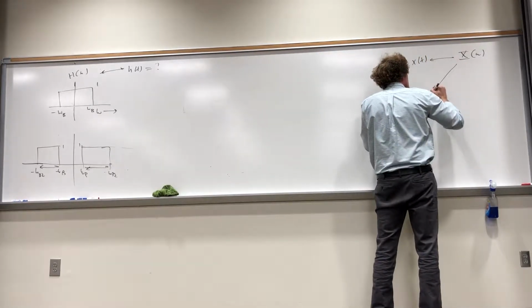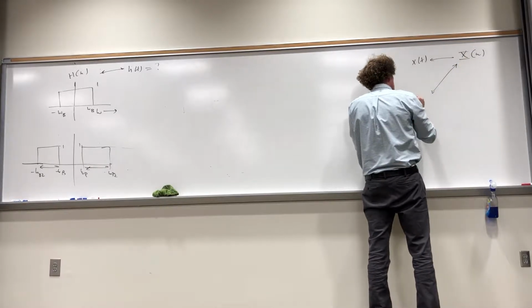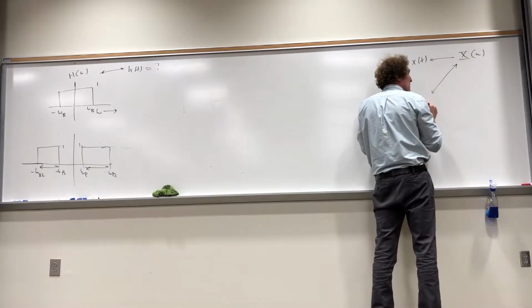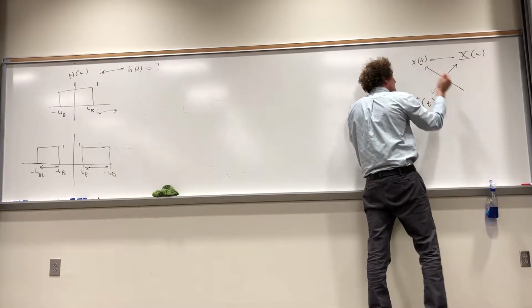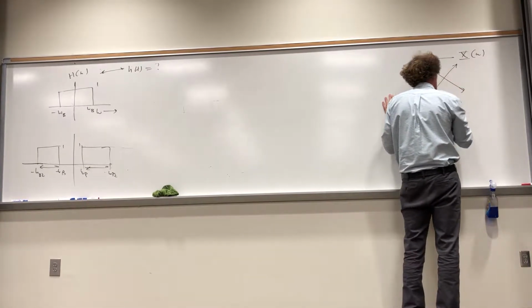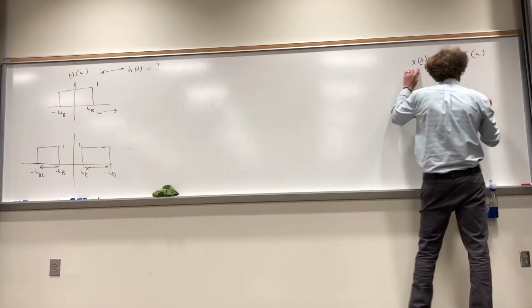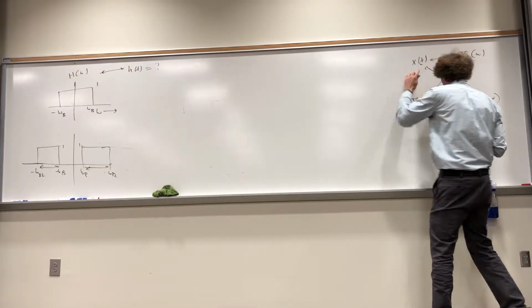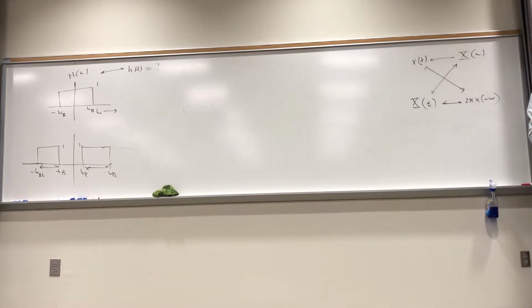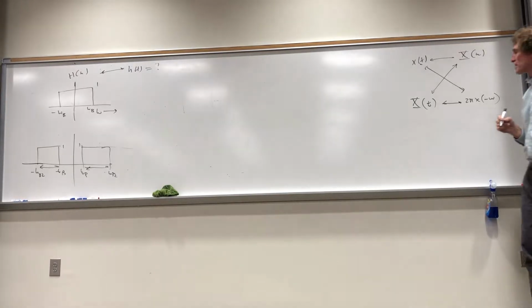Duality allows us to take that form and, instead of omega, put in t, multiply it by 2 pi, and instead of x of t, it becomes x of minus omega. All right, class? Now that's duality.